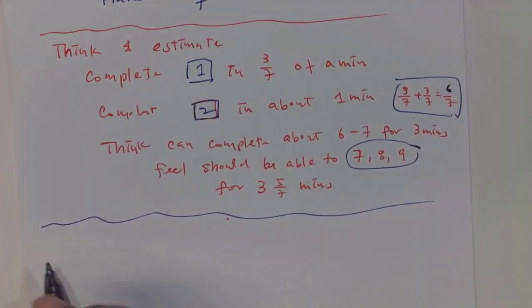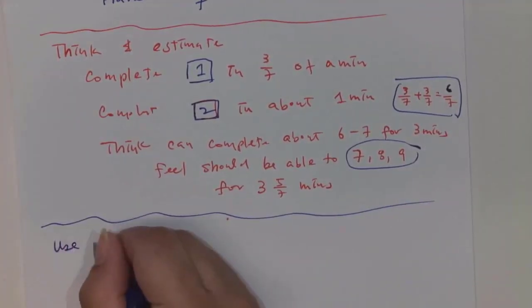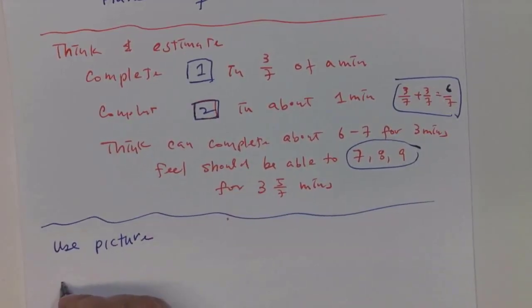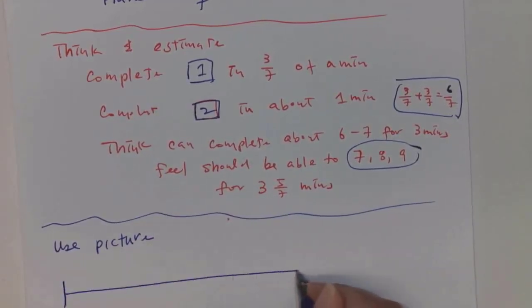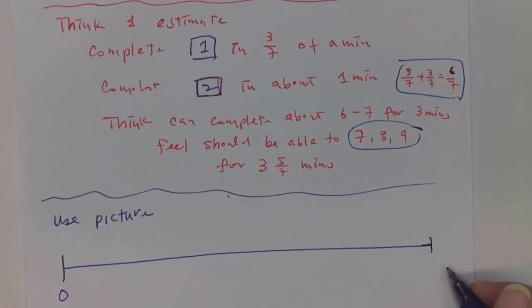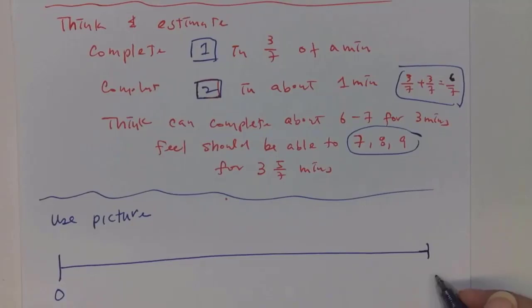Can we use a picture to solve? What can I draw for the picture? I can draw from 0 to how many minutes? The total time you have is 3 and 5/7.